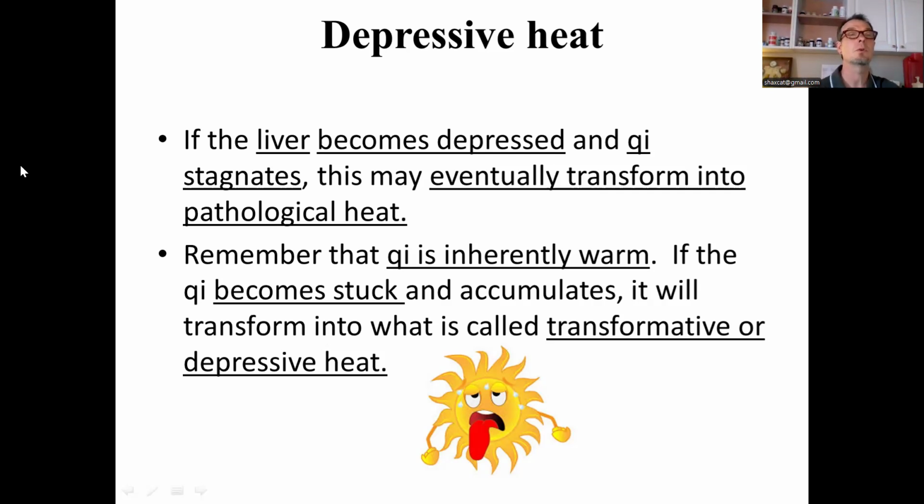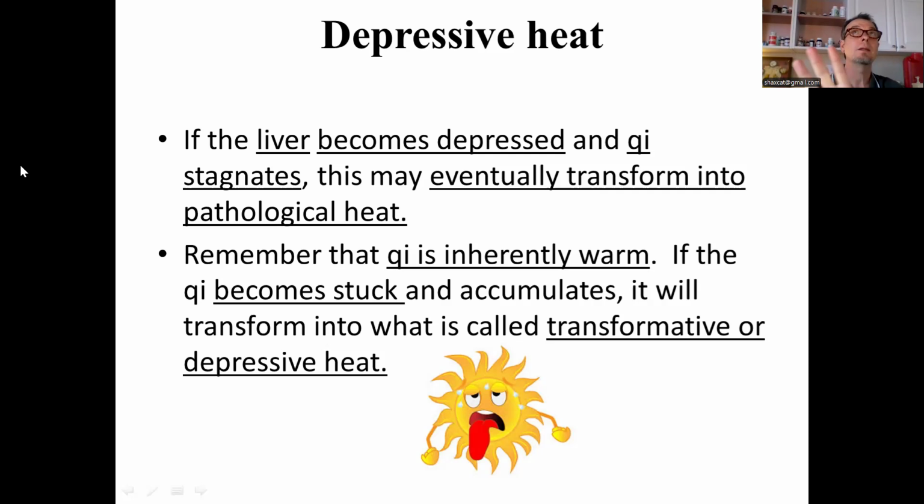You get what's called depressive heat. It turns into a pathological type of heat. And remember, chi is inherently warm. If it becomes stuck and accumulates, it will transform into what's called depressive heat or transformative heat. So that's what they're talking about when you hear depressive heat.